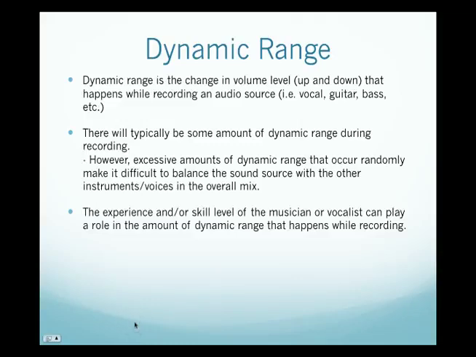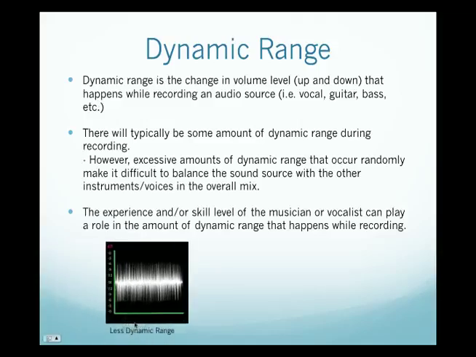One of the things that impacts the amount of dynamic range that happens when you're recording is the experience and or skill level of the musician or vocalist. Because if you have someone that's experienced or skilled while they're recording, the dynamic range has a tendency to be more under control than someone who might be new to recording, or maybe not as skilled. Then there might be a tendency for some passages of music to get loud, some to get soft.